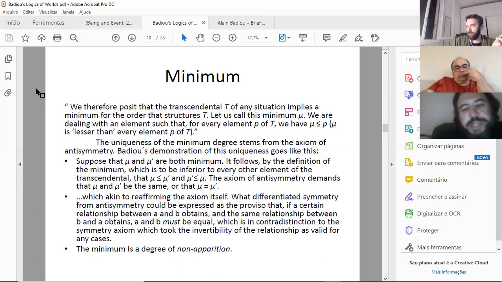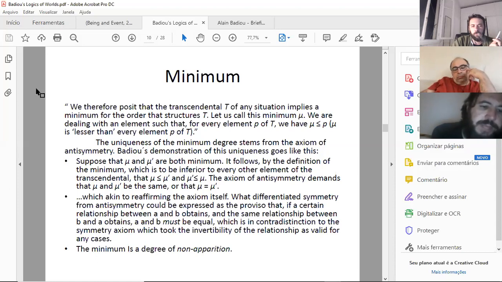What differentiates symmetry from antisymmetry would be expressed as the proviso that if a certain relationship between A and B obtains, and the same relationship between B and A obtains, A and B must be equal, which is in contradistinction to the symmetry axiom, which took the invertibility of the relationship as valid for any case.